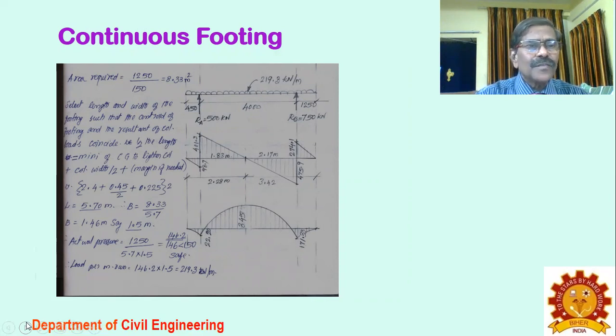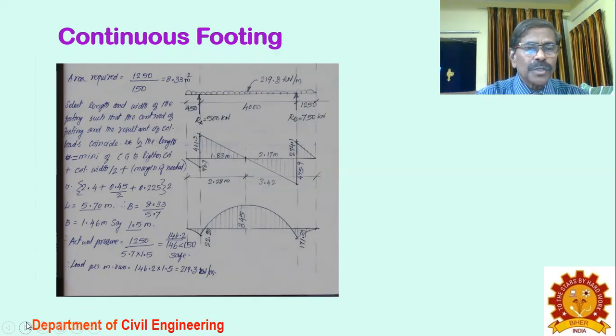Select the length and width of the footing such that the center of the footing and the resultant of the column loads coincide. The length is equal to the minimum of the CG length of the column plus column width by 2 plus a margin if needed. That is the common formula we normally follow.